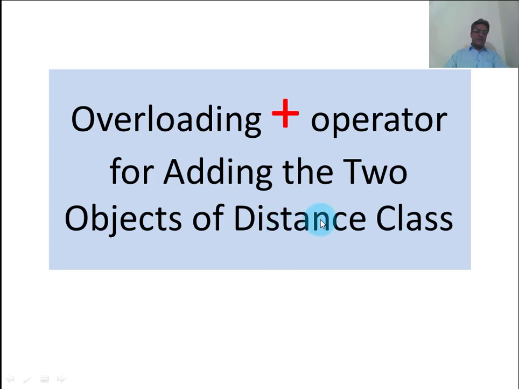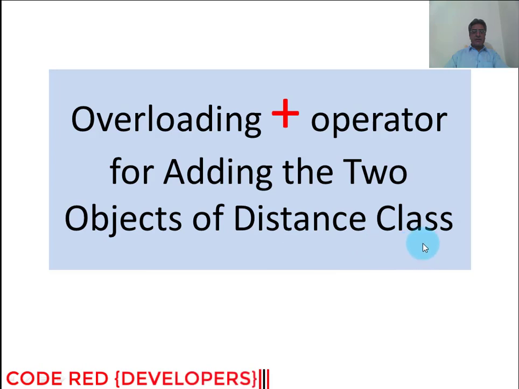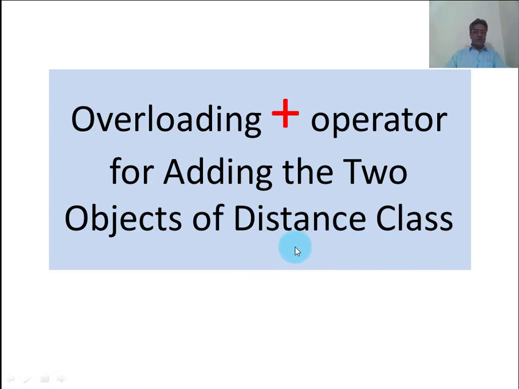The attributes of a distance were feet and inches. Each distance can be measured in feet, and if the remaining distance is less than a foot, it will be measured in inches. So these are two attributes through which we can measure each and every distance.